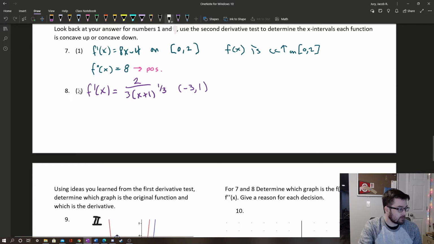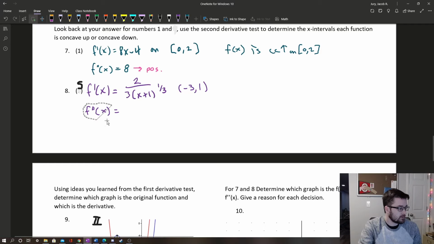Now for a little bit more of a challenge, let's look at number 5, which I need to get rid of this number here. It's 5 that we're working with on number 8. And in order to get this one, we've got to take the derivative of this rational function. But I'm going to rewrite this one first.